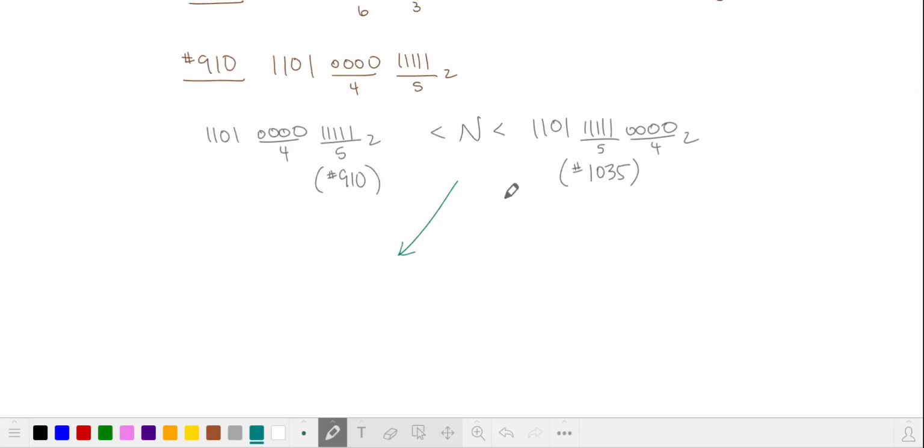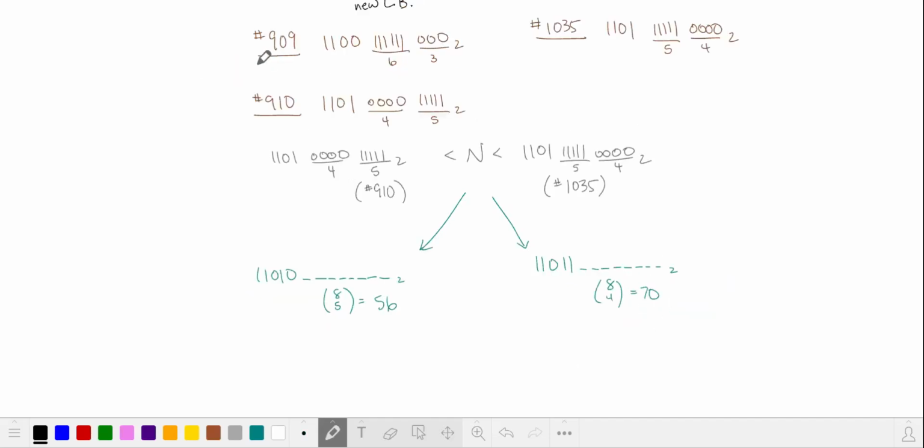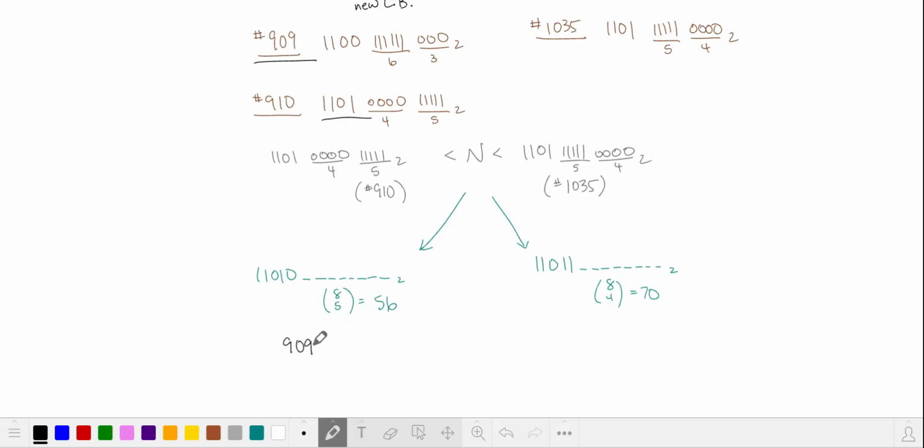We'll divide these up again into numbers that begin with 11010 and 8 remaining digits, and 11011. From these 8 remaining digits, we choose 5 of them to be ones. There are 56 ways. And here we have 4 ones, and there are 70 ways. We'll begin with the 909th number because the 910th one falls into this category. So we'll start with 909, add 56, and now we're up to number 965.